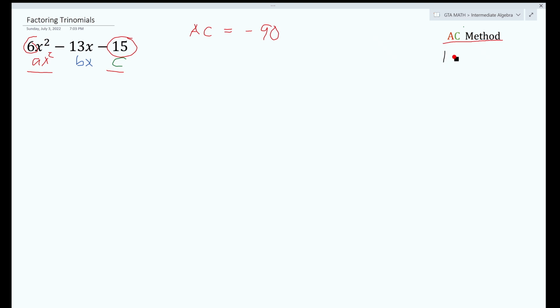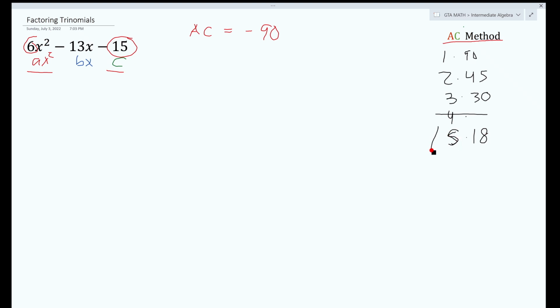So 1 times 90, 2 times 45, 3 times 30, 4, I don't think 4 has one. If it does, comment. 5 times 18.